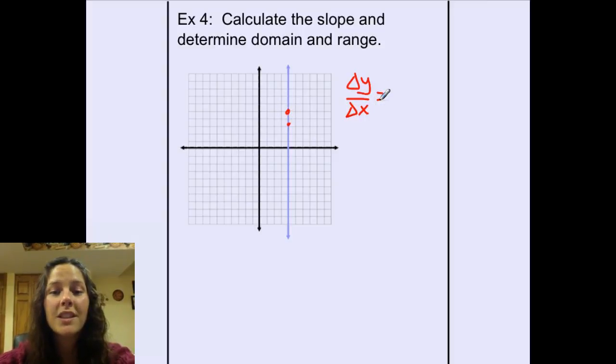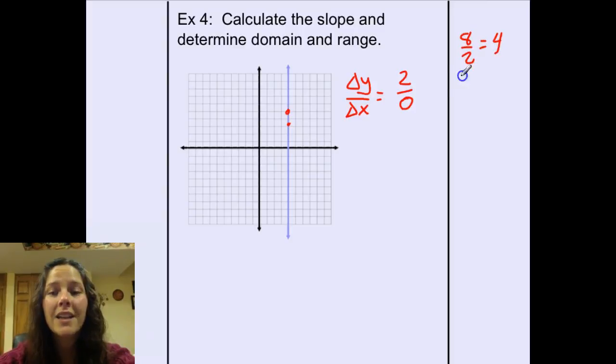Based on those 2 points that I found, we have a rise of 2. The line is going up 2, but it's not running at all. It has a run of 0. So what you want to think about when you're simplifying 2 divided by 0, I get a lot of students who want to say the answer is 0, but think about it as a multiplication problem. For example, if we had 8 divided by 2, we know that equals 4.